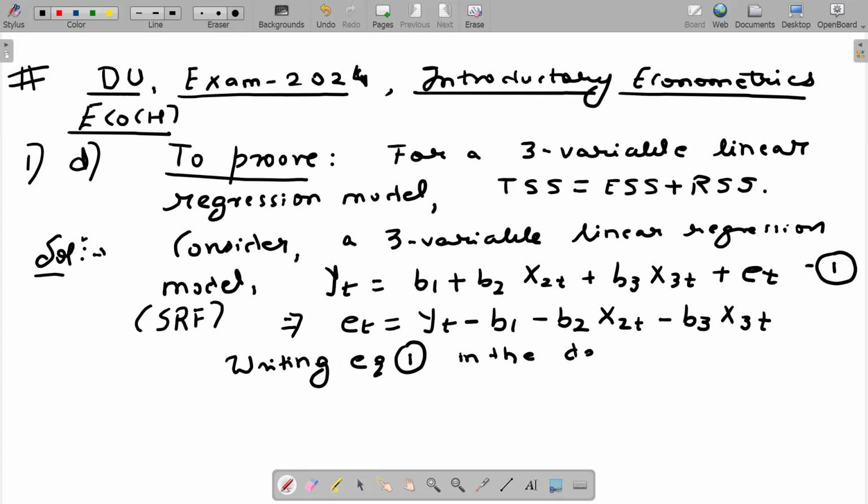Deviation form means when I take the deviations from the mean.